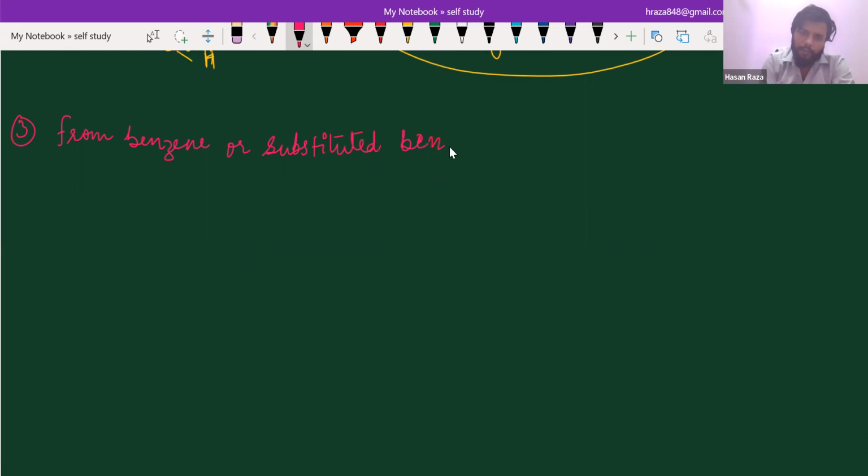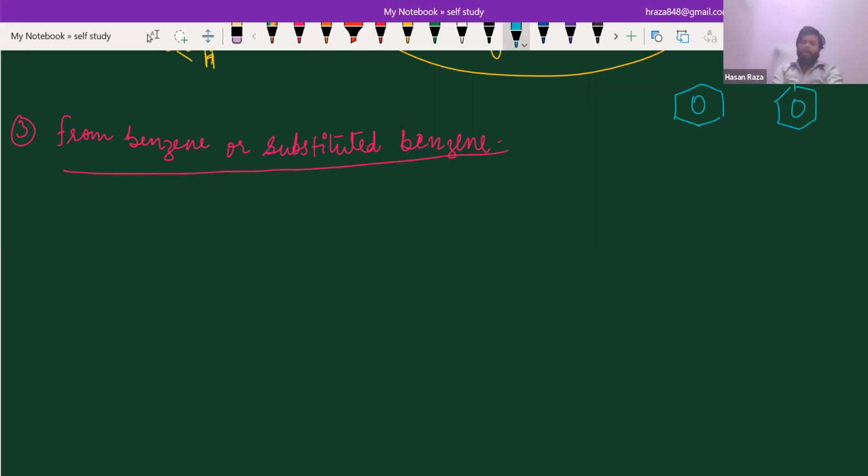Any one of you, what is substituted benzene? One is normal benzene, that is basically this. And what is substituted benzene? There will be a substituent like CH3 or NO2 or Cl. Anything attached to this benzene will be known as substituted benzene.